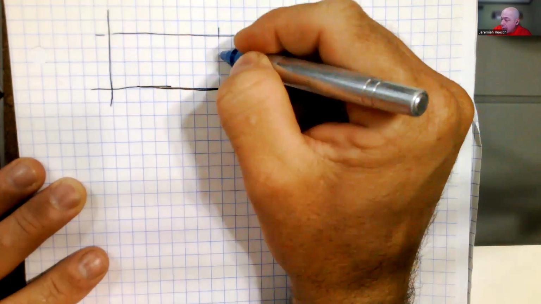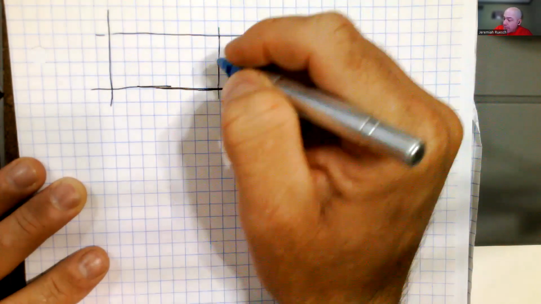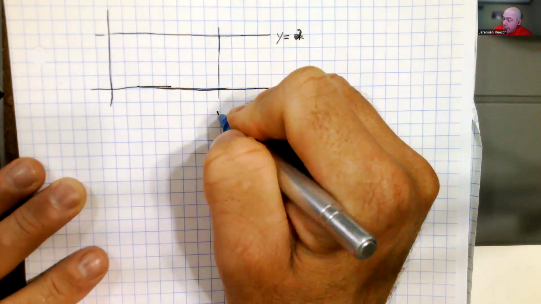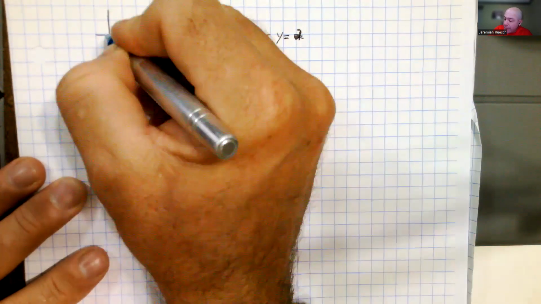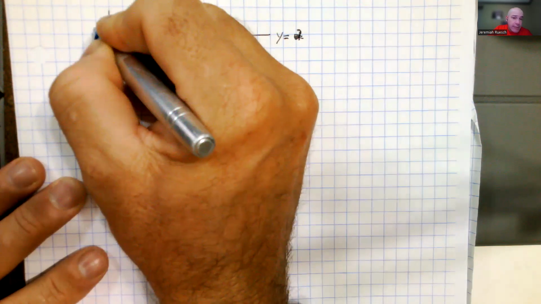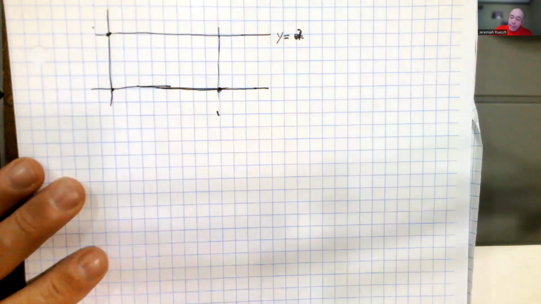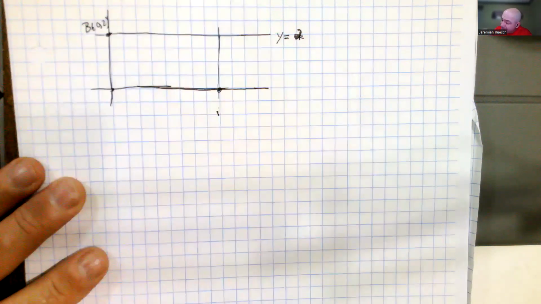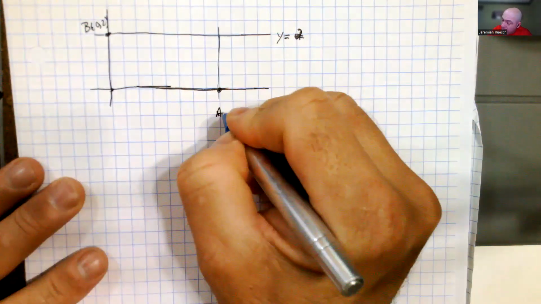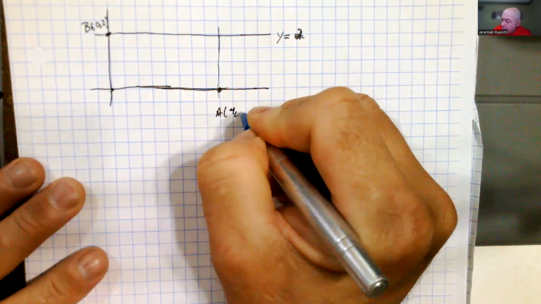And we're going to keep the same or similar setup. So this was b, which is 0, 2. This point here was a, which was 4, 0.